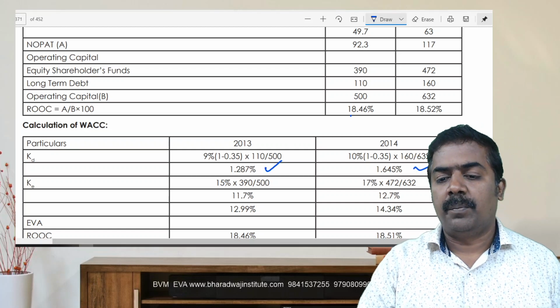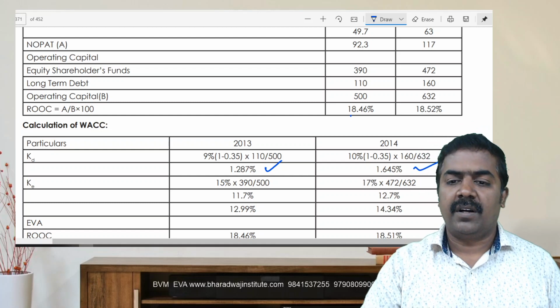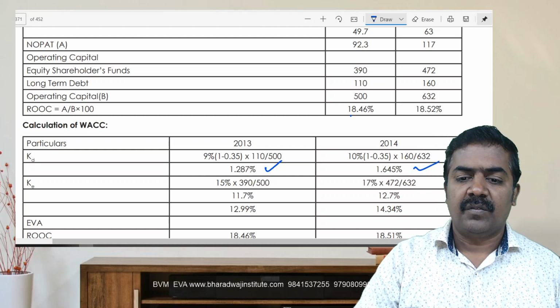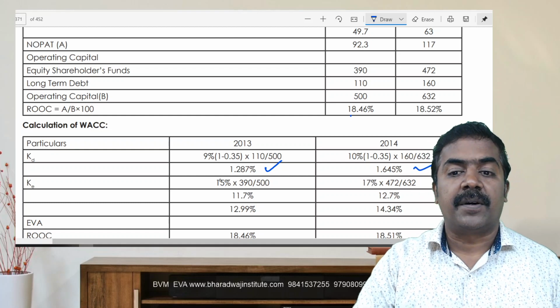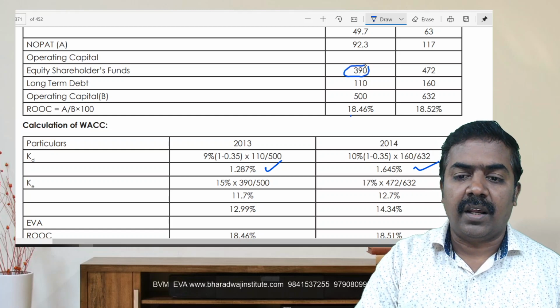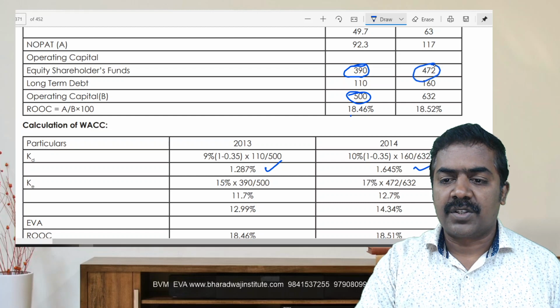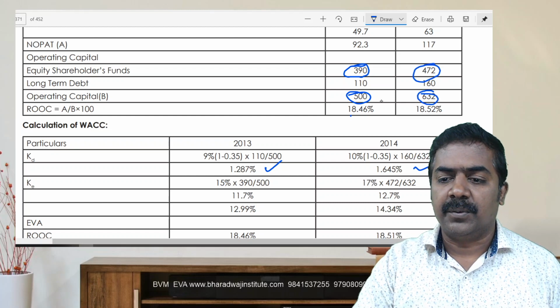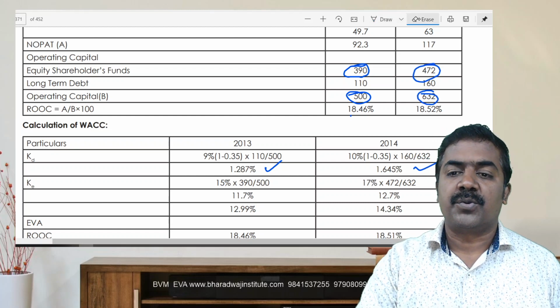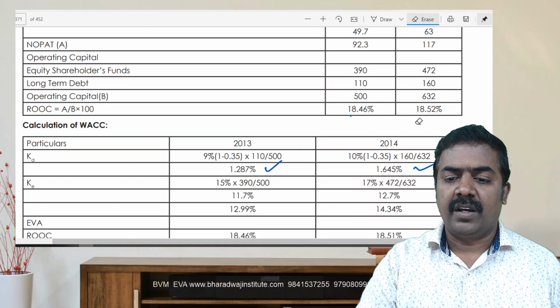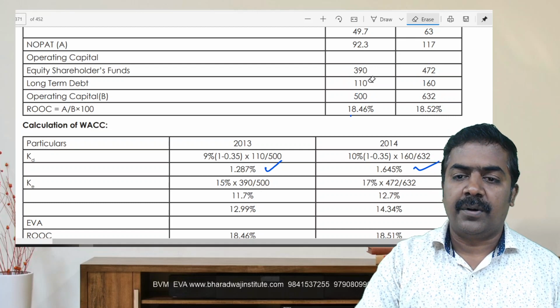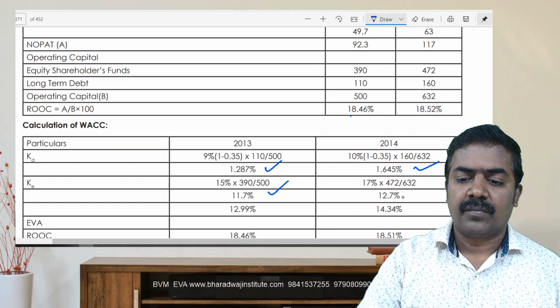1.287%, 1.645% for the debt component. For equity, we know this percentage is given already. 15% into 390 out of 500 is used. That is the proportion of funds used. 470 divided by 632, that is the proportion of funds used. So this is the weighted average cost for the equity component.